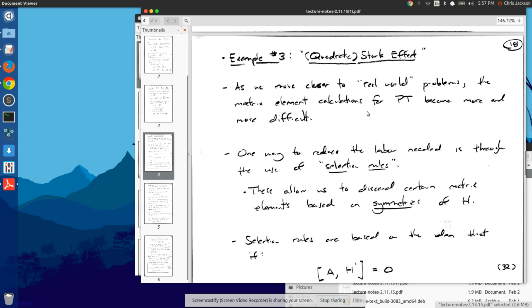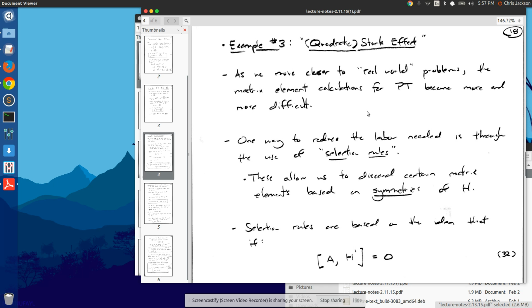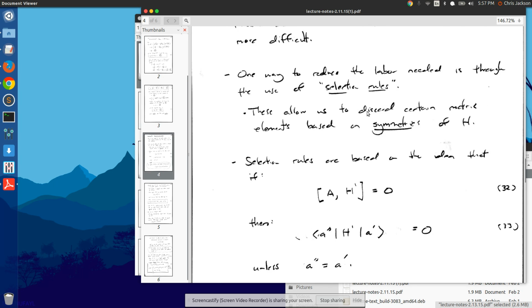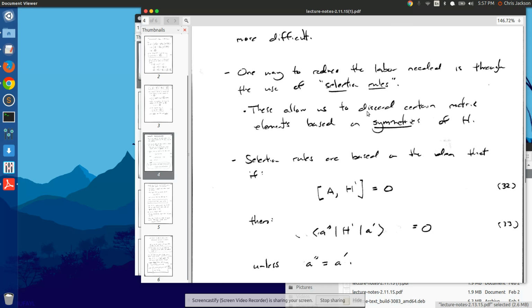There are different transition rules, or selection rules, that tell you right off the bat if certain matrix elements are going to vanish. Basically, they arise because there's some symmetry of the Hamiltonian, and the example we'll use today is parity, the discrete transformation of spatial inversion.